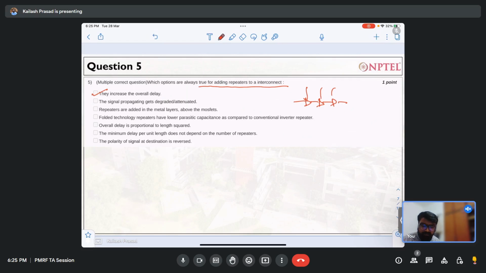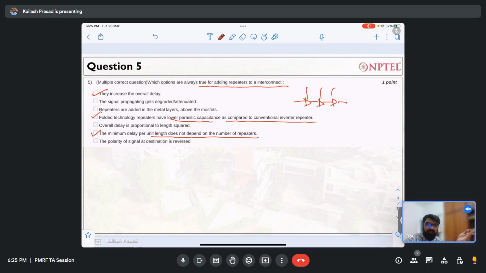Now the second point is the FinFET technology repeaters have lower parasitic capacitance as compared to conventional inverter repeaters. These repeaters are specially designed to have lesser delay. And the third point is the minimum delay per unit length does not depend on the number of repeaters, because you are dividing the delay per unit length.